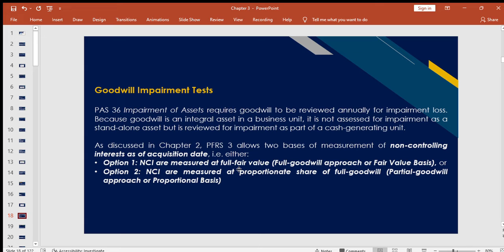As discussed in Chapter 2, PFRS 3 allows two bases of measurement of non-controlling interest as of the acquisition date. Either the non-controlling interests are measured at full fair value, or the full goodwill approach, or the non-controlling interests are measured at proportionate share of identifiable net assets, or our partial goodwill approach.